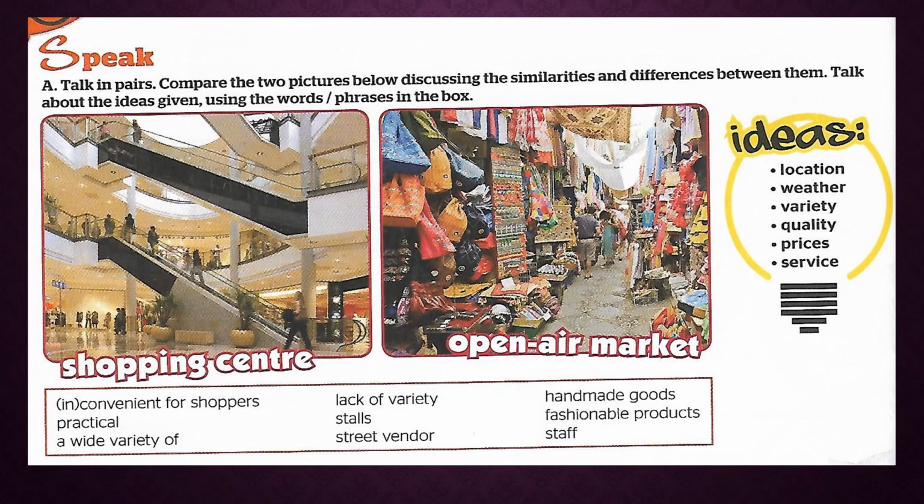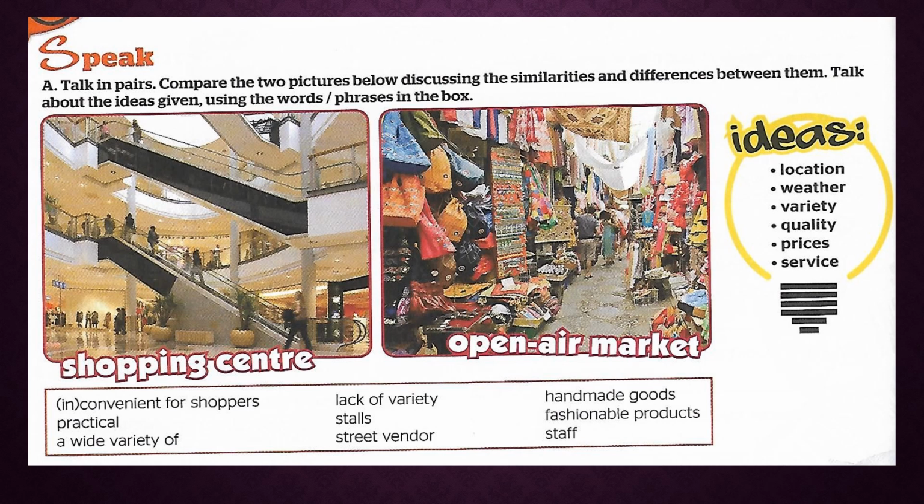This is the task that you're supposed to do with a pair. You are supposed to compare the two pictures below, discussing the similarities and differences between them. Talk about the ideas given using words and phrases in the box. You are given two pictures, a shopping center and an open air market.